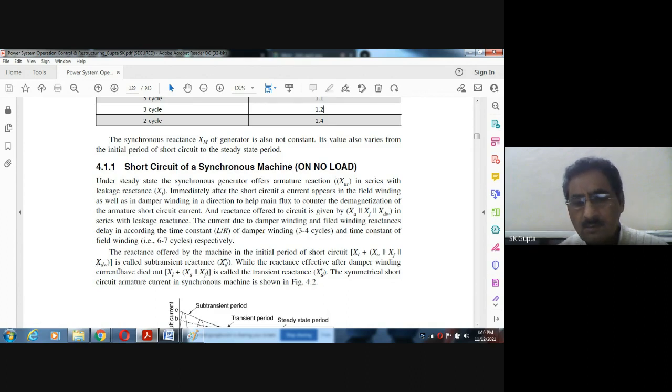After that, the damper has been removed, it becomes the transient reactance. When the armature has also been out of circuit, then only XL plus XA will remain. That is called the steady state current.